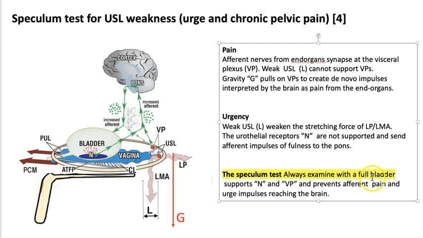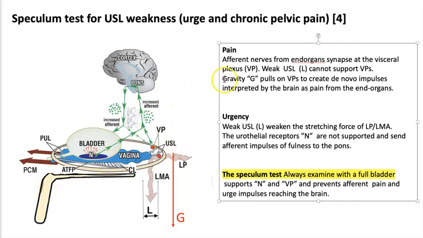Always examine with a full bladder, and the way it works, it supports the urothelial stretch receptors, preventing the afferent impulses, which are interpreted as urgency, but it also supports the visceral plexus on the uterosacral ligament, which we have demonstrated is an important cause of chronic pelvic pain.